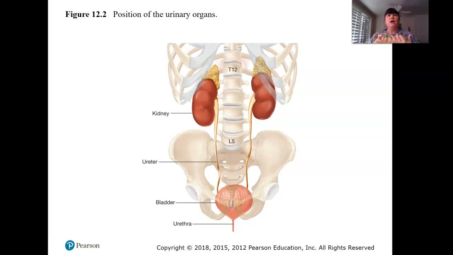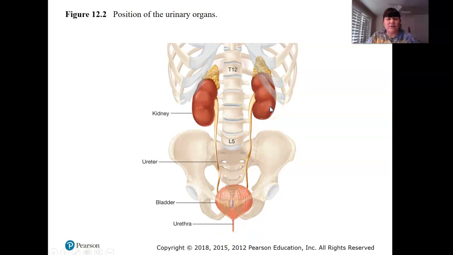Pain during urination. Cloudy urine. Sometimes people say it feels like they're peeing razor blades. Blood in the urine is not a good sign. Back pain, abdominal pain. And again, you don't want the UTI to go into here.